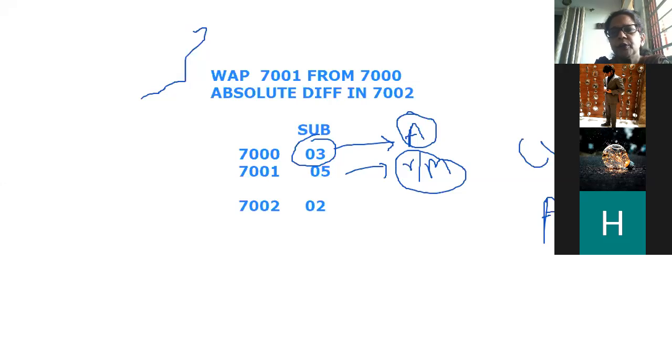Or what you can do is, you take this number in the accumulator, this number in the register. After subtracting, you check whether the carry is 1 or 0. If the carry is 0, you store as it is. If the carry is 1, take the 2's complement of the answer and then store it.